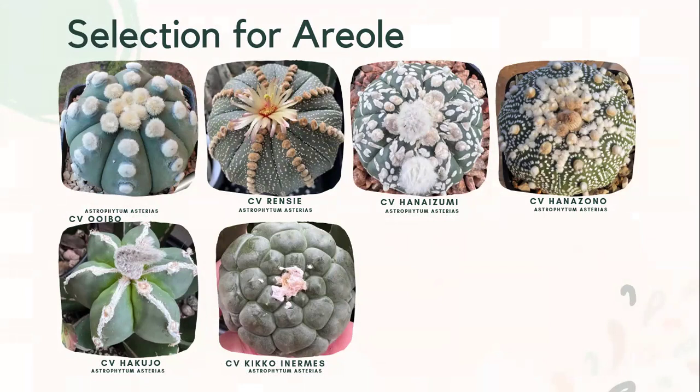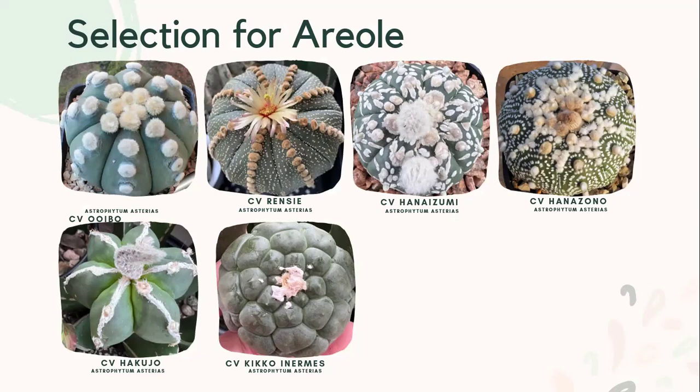It's three there, three there. It's very fascinating. And then there's Hanazono, where the areoles grow all over the body of the plant, which gives it the capability to flower all over its body because there are areoles there. So it could flower here, instead of the normal one that only flowers in the apical meristem.